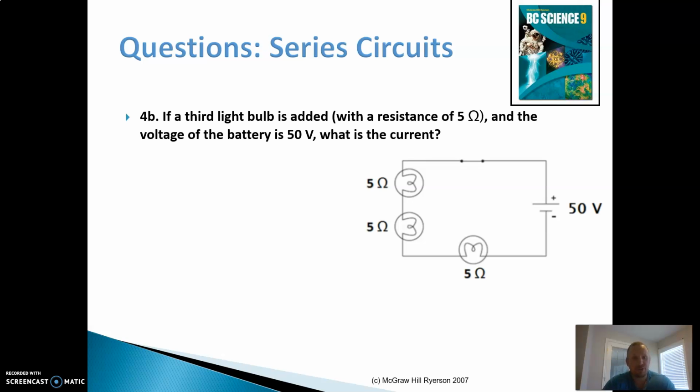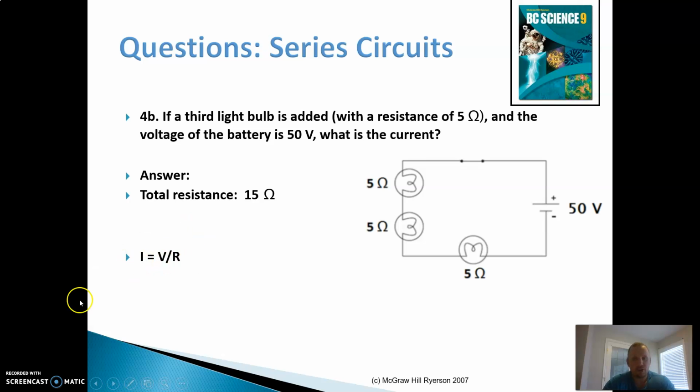Okay, now a question. If a third light bulb with a resistance of 5 ohms is added in series, what's the current now? So still 50 volts. So pause here. So now we see the total resistance is 15 ohms, 5 plus 5 plus 5.